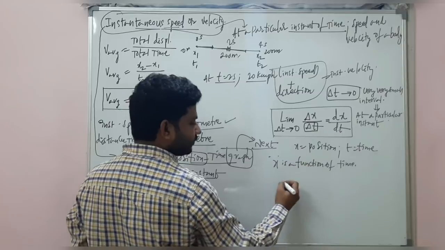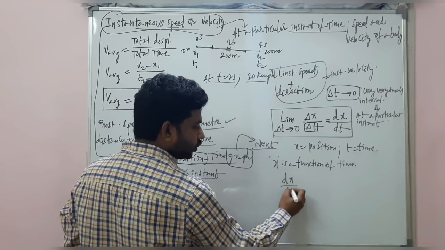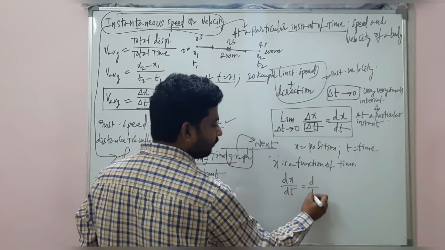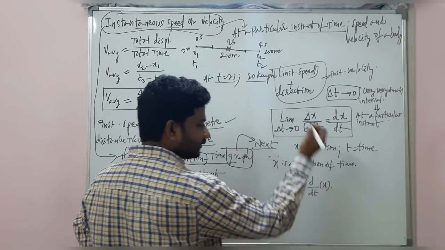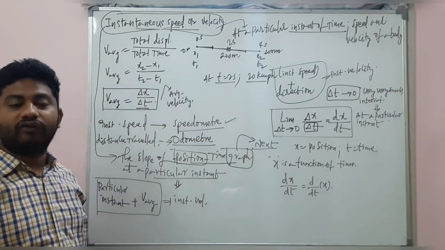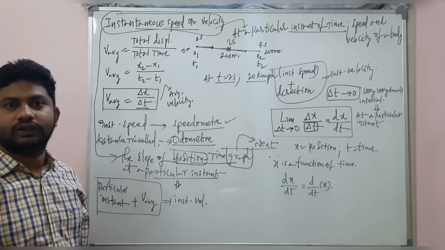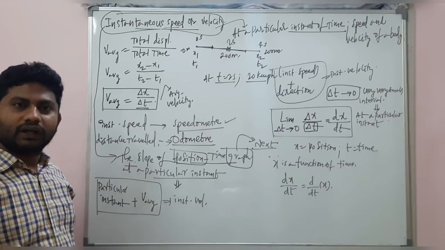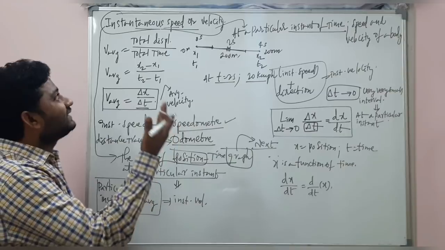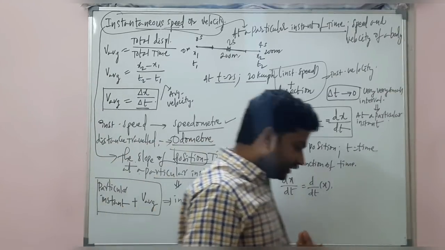So this dx by dt, I can also write as d by dt of x, where x is position. Clear? So this is about instantaneous speed or instantaneous velocity.